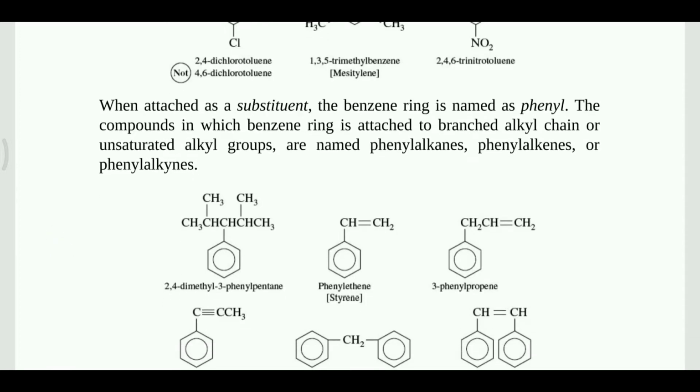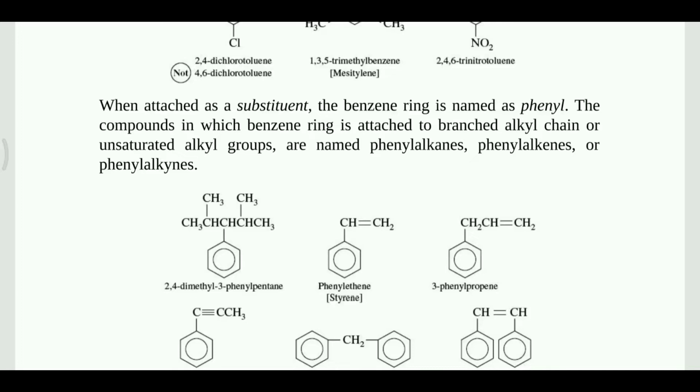See the example. First one: we have attached one branched chain to the benzene. So in that case, what do we write? 2,4-dimethyl 3-phenyl pentane. You can see we write 3-phenyl, not benzene.